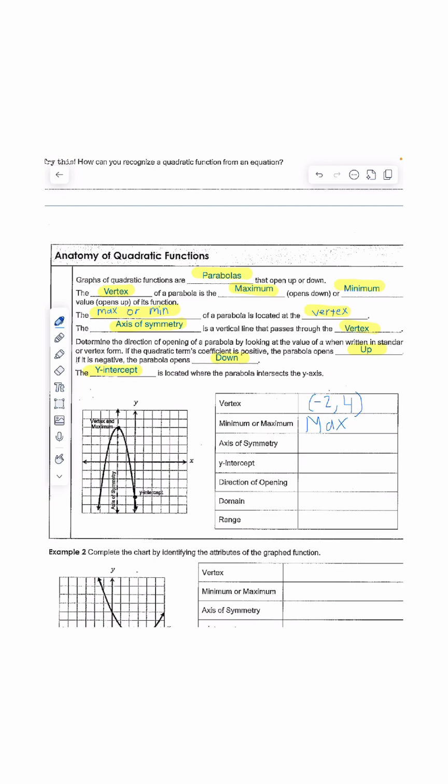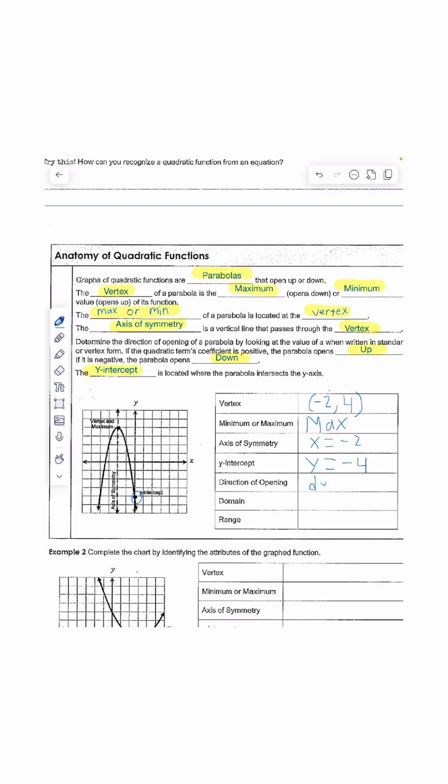The axis of symmetry is a line that goes right through the middle, and the axis of symmetry will be x equals -2. My y-intercept is going to be located right here, so it'll be y equals, and I can just find what the y value is of that point where it crosses the y-axis: 2, 3, 4, so y equals -4. The direction of opening is downwards.